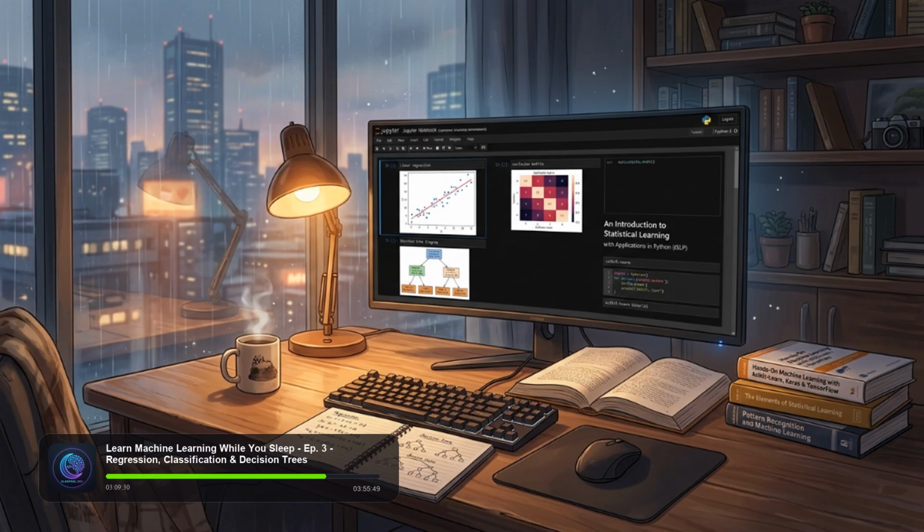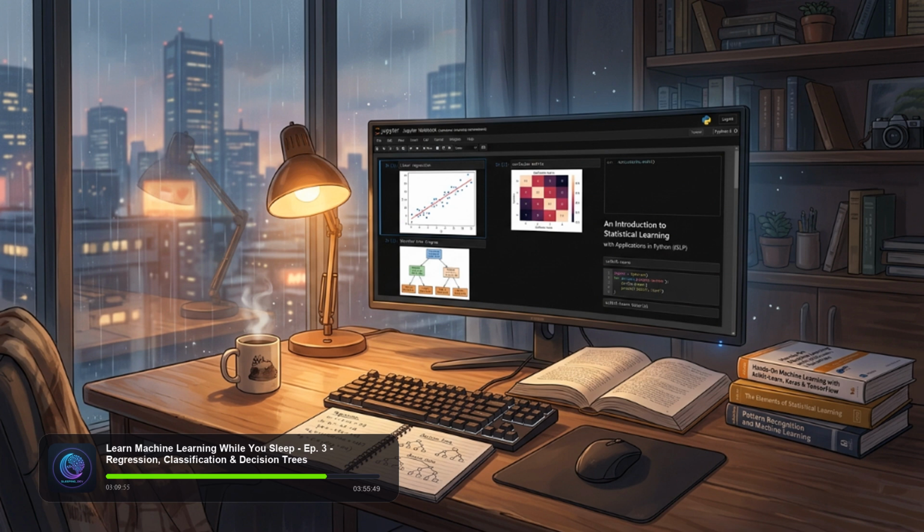The third component is the evidence or marginal likelihood, denoted as p of x. The evidence represents the total overall probability of observing feature vector x across all possible classes. It acts as a normalizing constant, ensuring that the calculated posterior probabilities across all k classes sum to exactly 1.